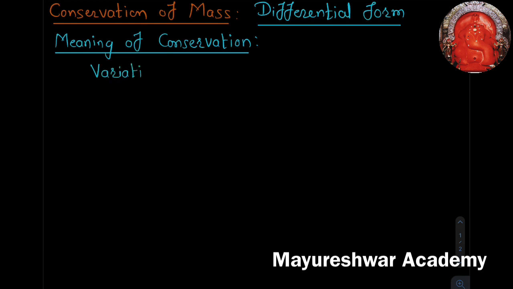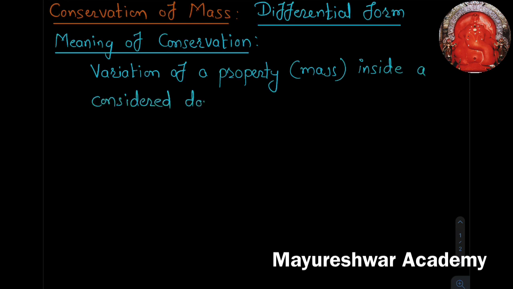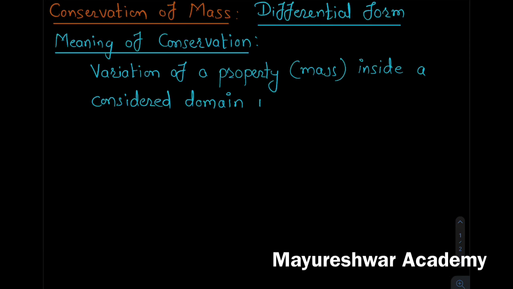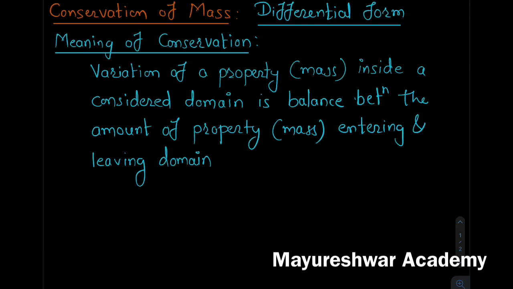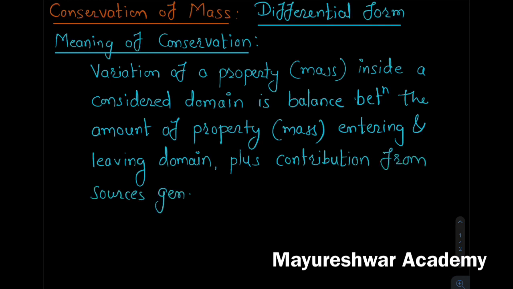So it states that the variation of a property, in this case mass, inside a considered domain is the balance between the amount of property, again mass in this case, entering and leaving the domain plus the eventual contribution from sources generating that property.